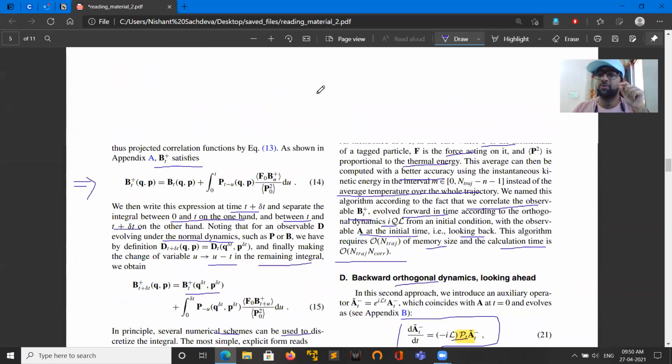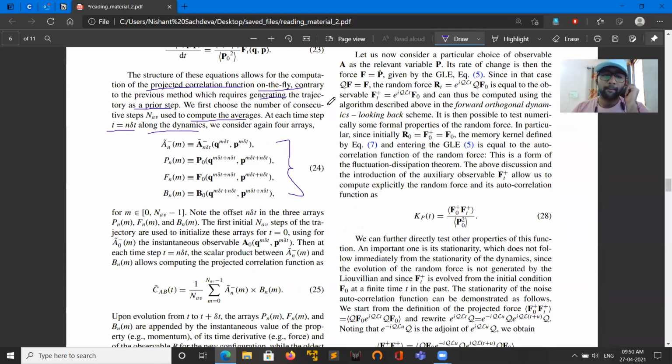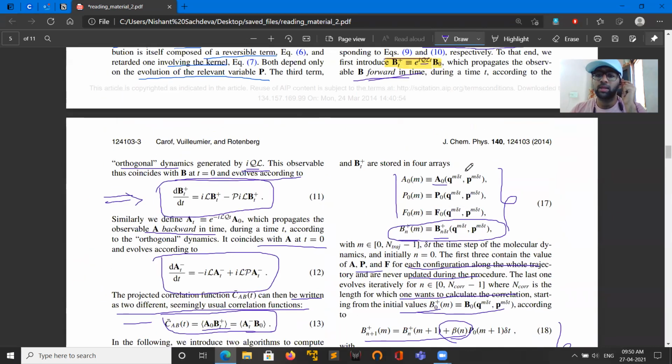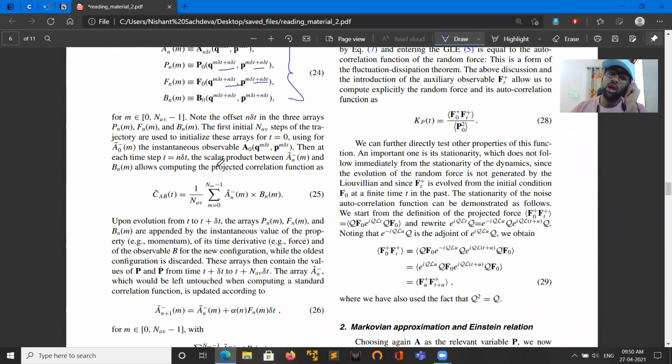So that's the difference. This was N traj, this is N average minus 1. Note the offset n delta t in the three arrays P_n, F_n, and B_n. That's what we have to be careful about. This n delta t extra comes in here.